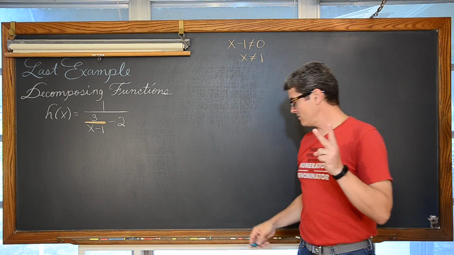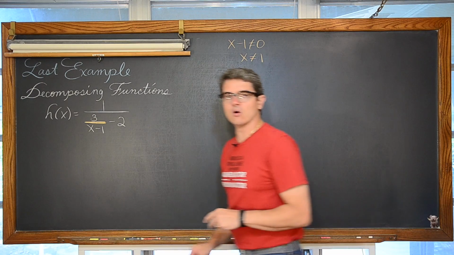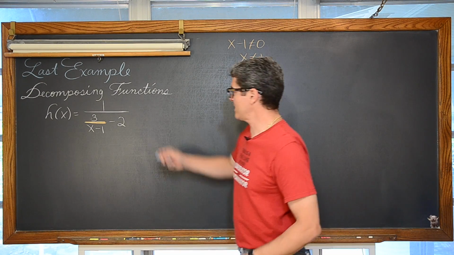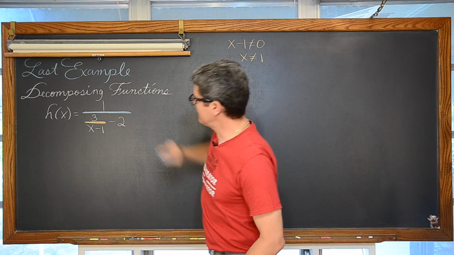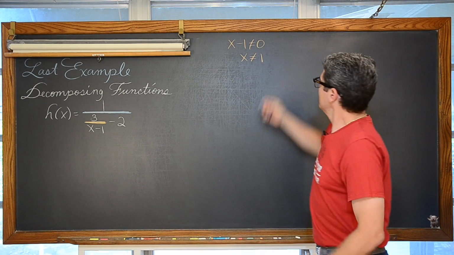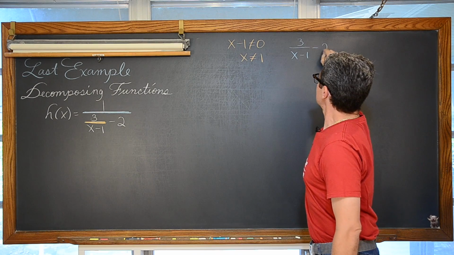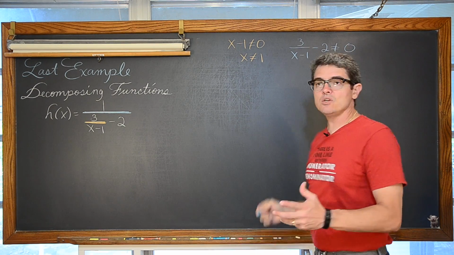But we don't have just one fraction bar in this equation. We've got two. Of course, this big old fraction bar right there. And so all of this, that 3 divided by x minus 1 minus 2, also cannot be equal to 0.